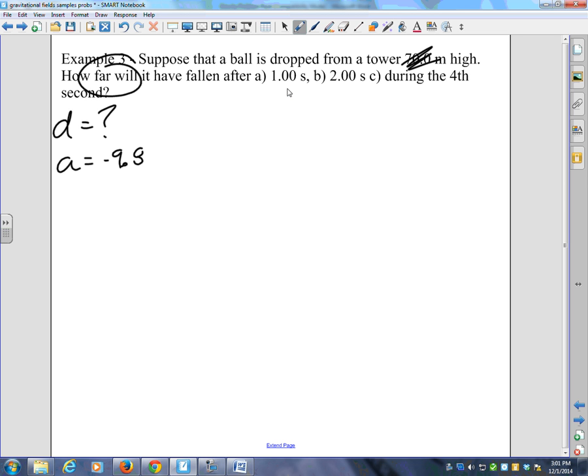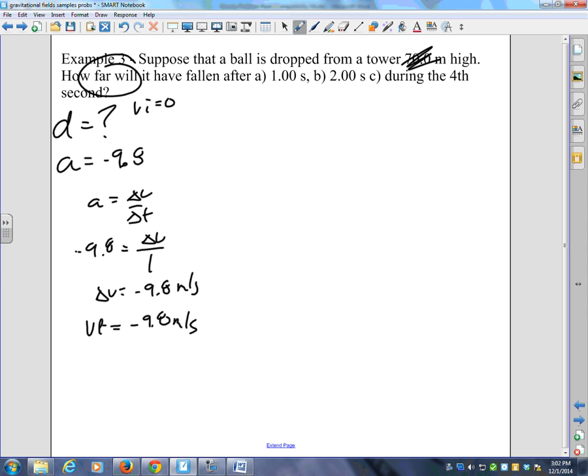So what can I get out of A after 1 second? Minus 9.8 is equal to delta V over 1. So the change in velocity is minus 9.8. And I also need to know that the initial velocity was 0, so that is the final velocity.